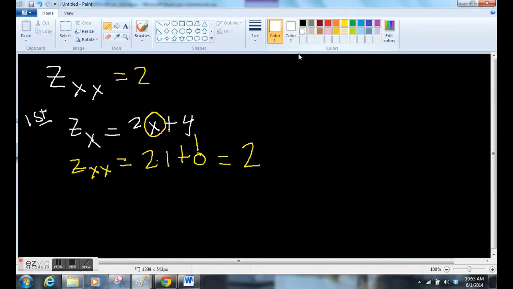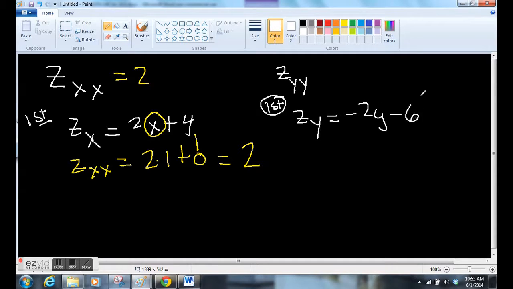What about zyy? Okay, well, that's going to be the second derivative in terms of y. The first derivative in terms of y, we just found that. So if you're keeping your paper tidy, you can find that it's minus 2y minus 6. Again, we're taking the second derivative in terms of y. So here is our variable, y.